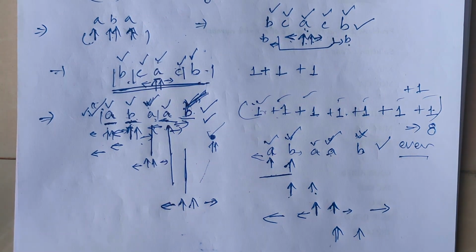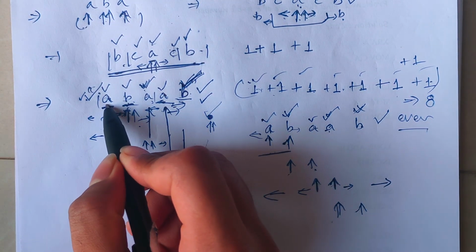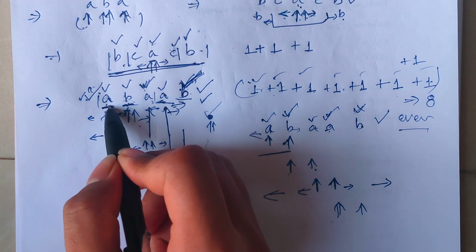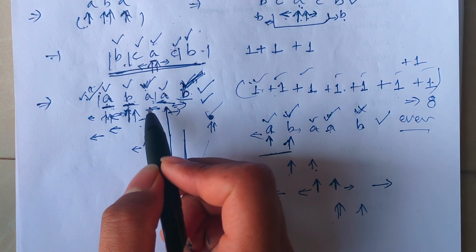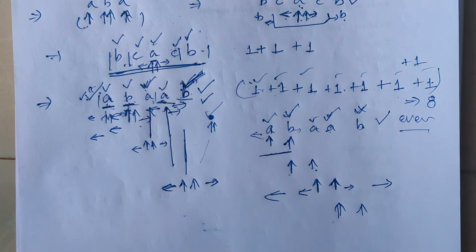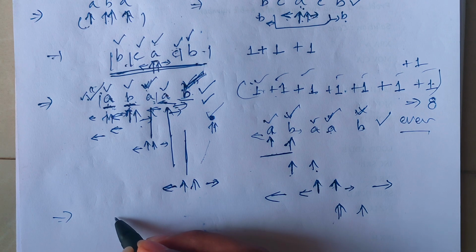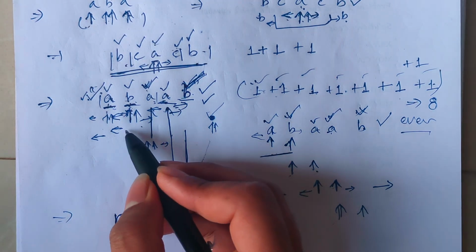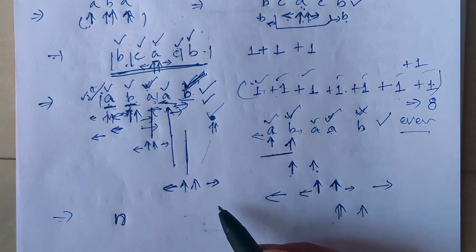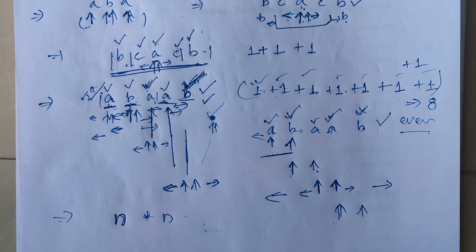So in this approach, what we are doing is going to every element or every character and exploring its left and right. Iterating over every character takes order of n time complexity, right? And exploring its left and right takes order of n, right?